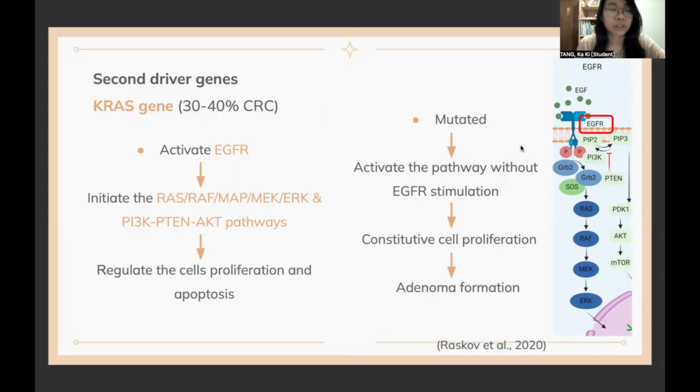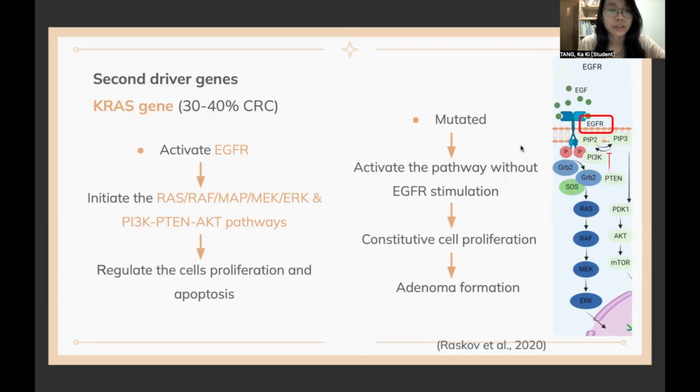Next, for the second driver genes, KRAS and BRAF are the most common genes. KRAS activates the EGFR and initiates two signaling pathways to regulate cell proliferation and apoptosis.